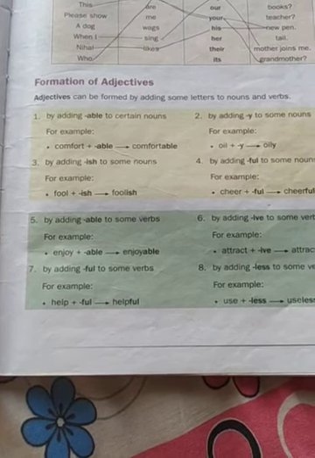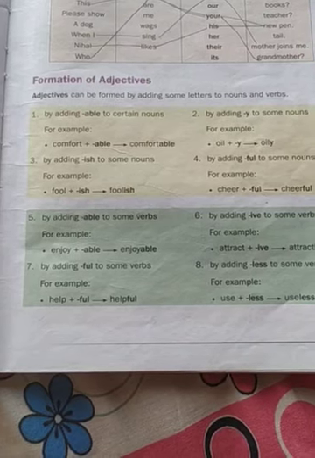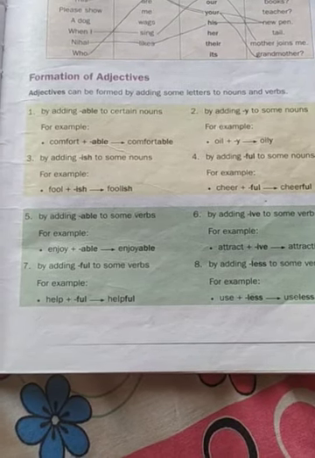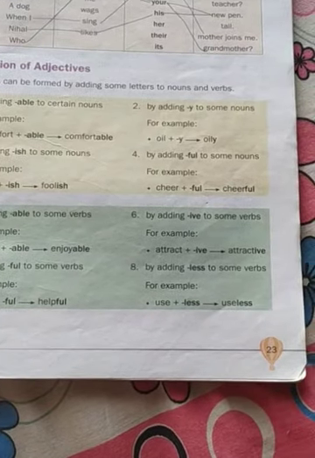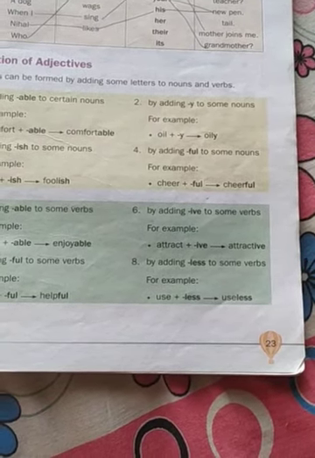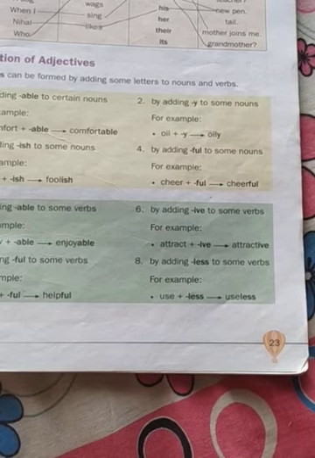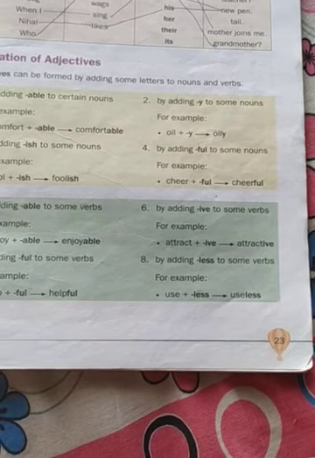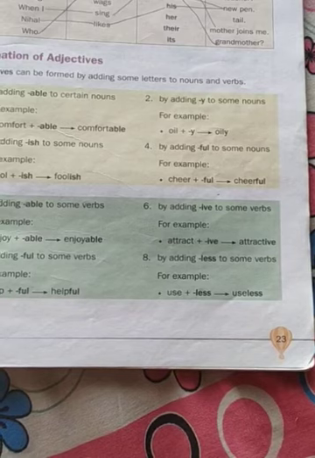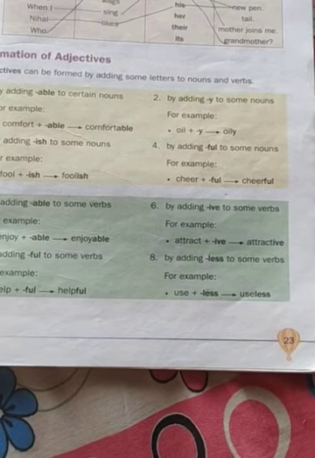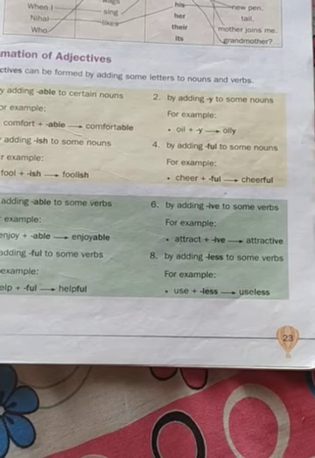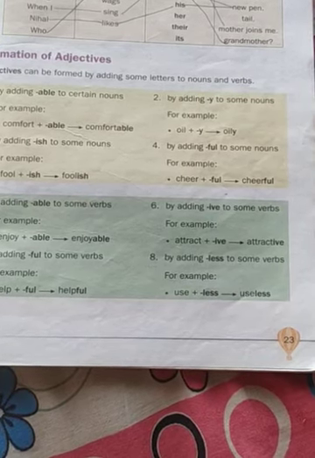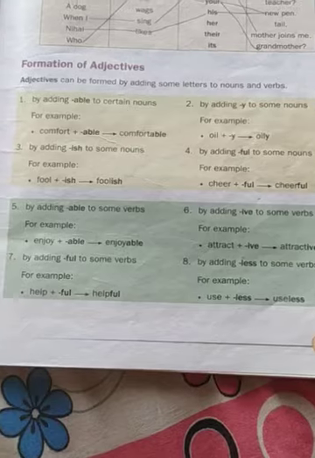For example, comfort plus able is comfortable. Second, by adding y to some nouns. For example, oil plus y is oily. Here, oil is the noun, and when we add y, it becomes oily.